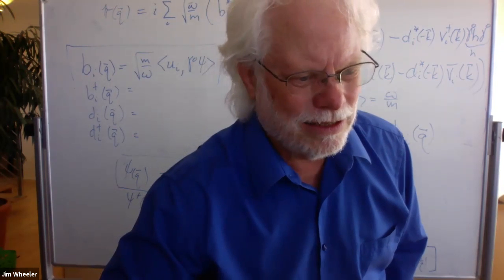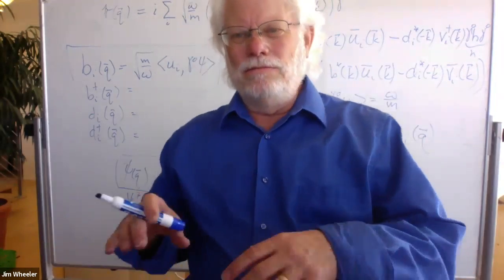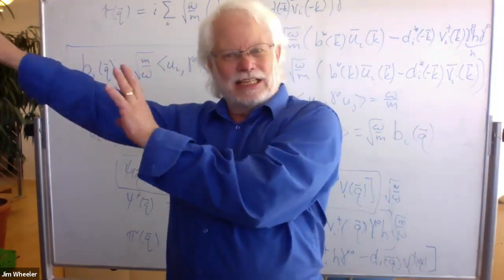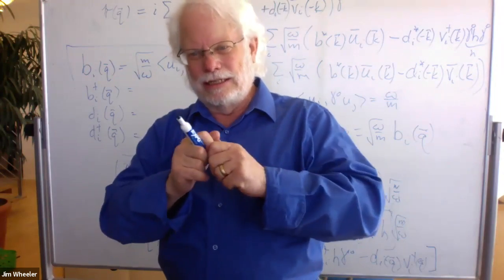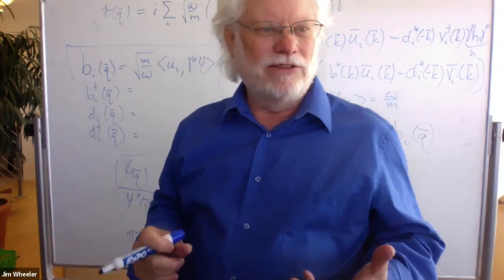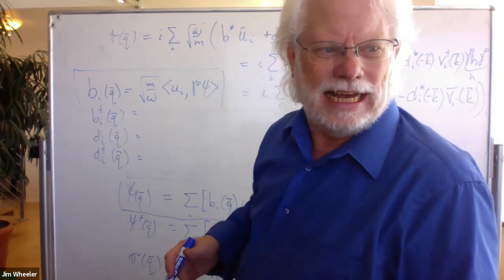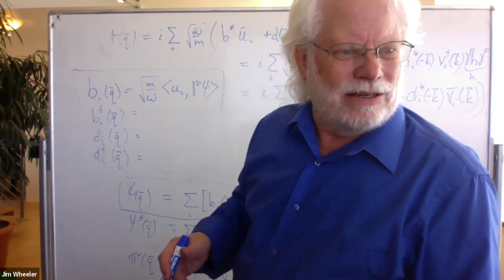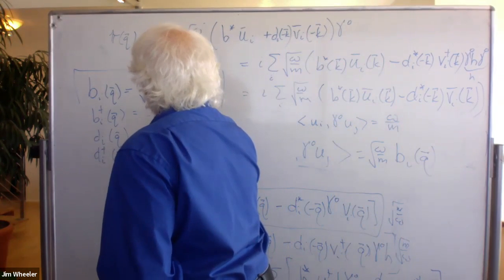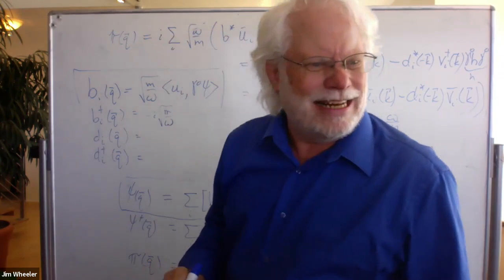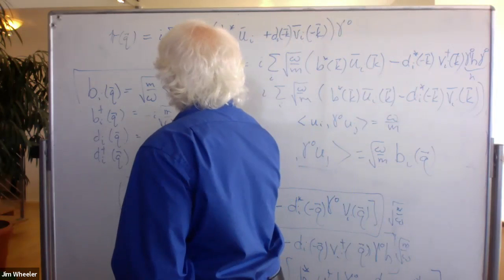Now the D's end up at some, so you get an expression for D of minus K in terms of psi and things, but then you can just change K to minus K everywhere, and now you have D expressed in terms of other things of minus K. So in the end, we get B dagger is minus i. Everything has a root m over omega in it. And this is V of minus K, psi of minus K.